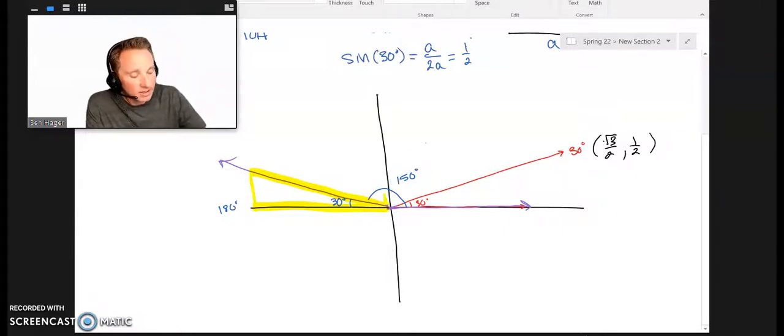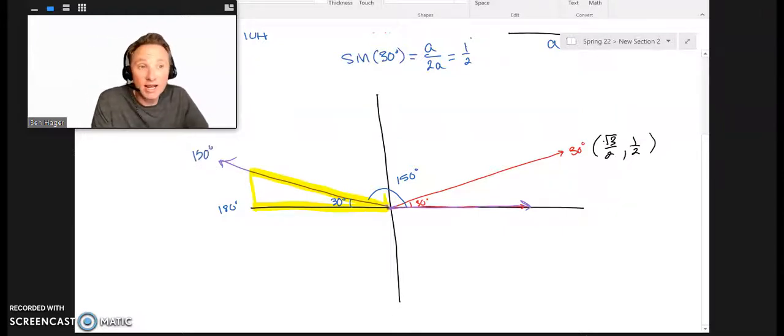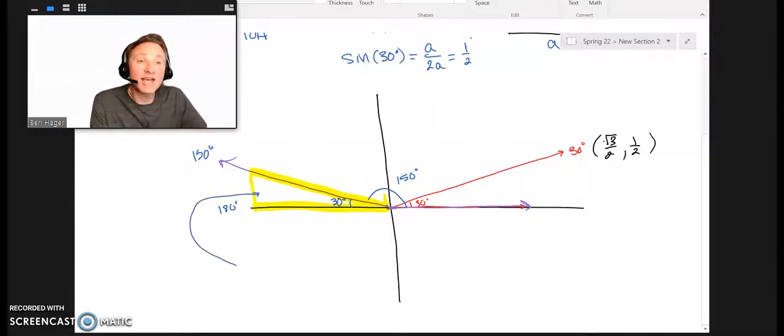Okay. And so this is 150 degrees out here, but I want to find the sine and cosine values for that angle. I'm going to do this for every angle that has a reference angle of 30 degrees. The reference angle is one of your best tools in trigonometry. So this has a reference angle of 30 degrees, again, because it's 30 degrees from the x-axis.